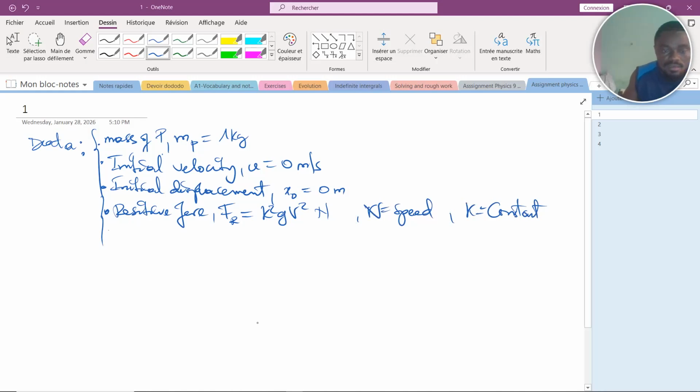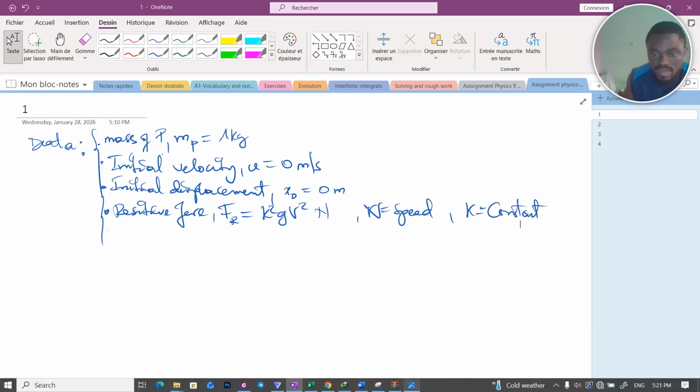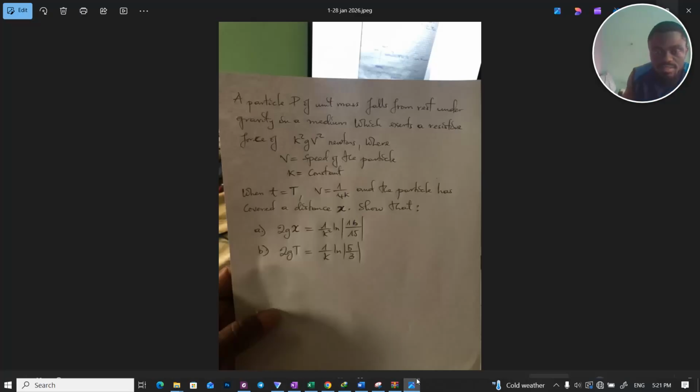What next do we have? They said that at t equals capital T, v equals 1 on 4k, and the particle has covered a distance of x.